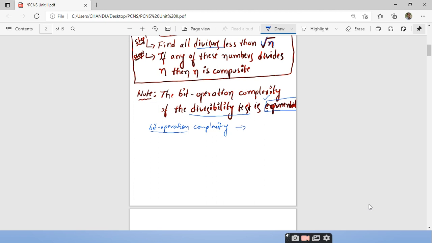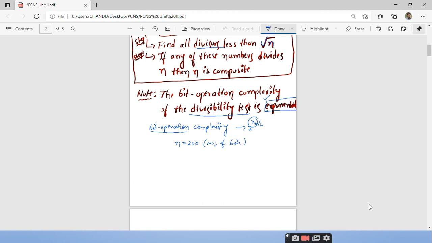The bit operation complexity of this divisibility algorithm is given by 2 power nb by 2, where nb stands for the number of bits, right? For example, the author has given an example saying that n is equal to 200, which represents the number of bits.